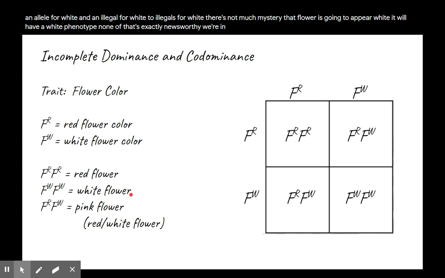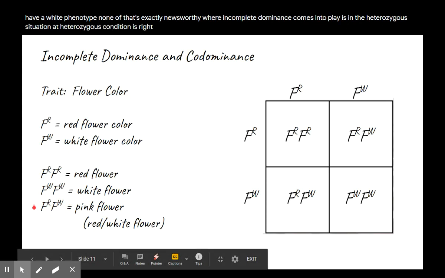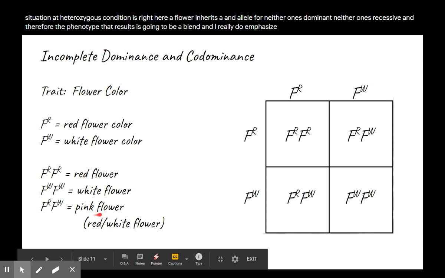Where incomplete dominance comes into play is in the heterozygous situation. That heterozygous condition is right here. A flower inherits an allele for red and an allele for white. Neither one's dominant, neither one's recessive, and therefore the phenotype that results is going to be a blend. And I really do emphasize that word blend.